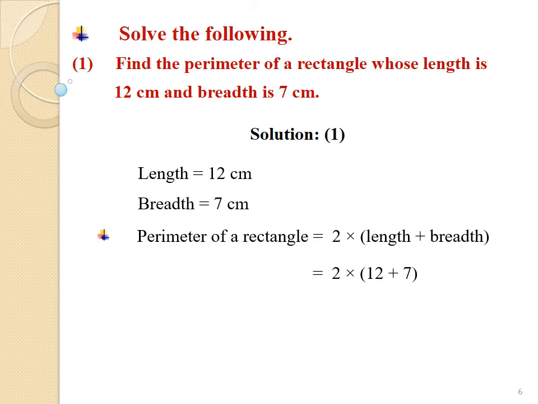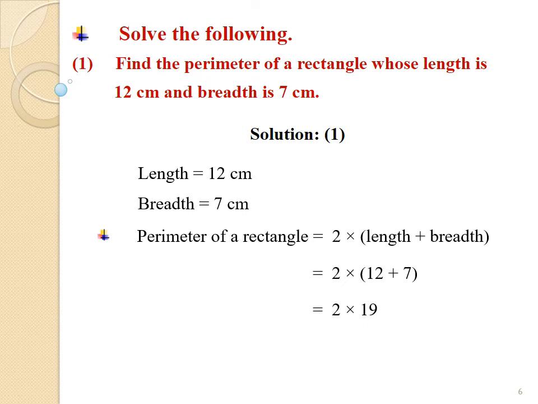Students, now we have to solve the bracket and find the sum of length and breadth, and we have to keep 2 as it is. Thus, adding the length 12 centimeters and breadth 7 centimeters and keeping 2 as it is, we get 2 multiplied by 19.